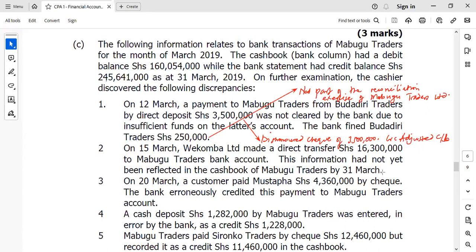So what do you have to do with this? You have to adjust your cash book by debiting this amount.